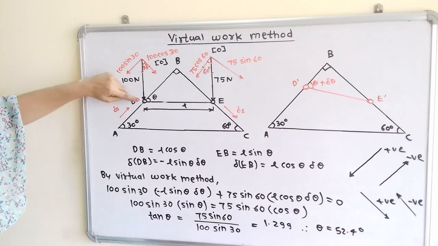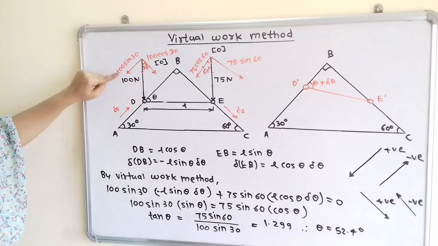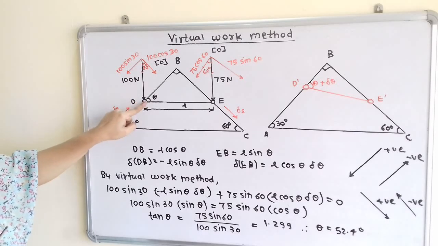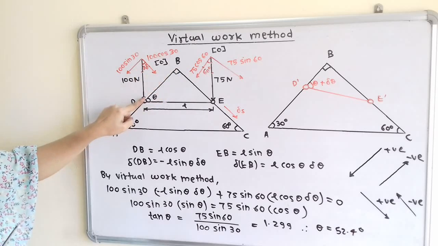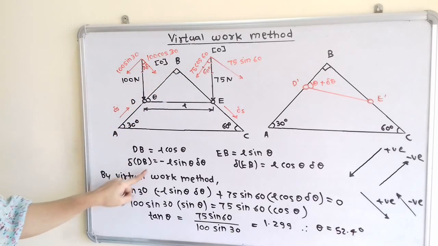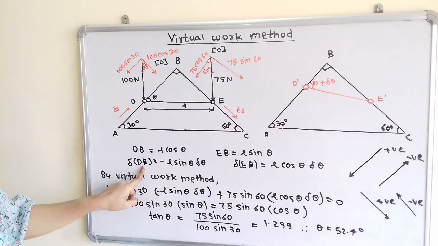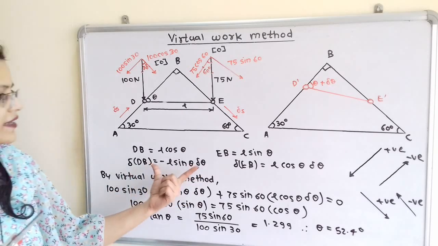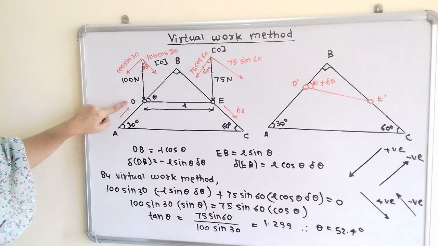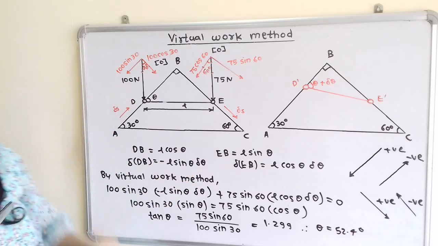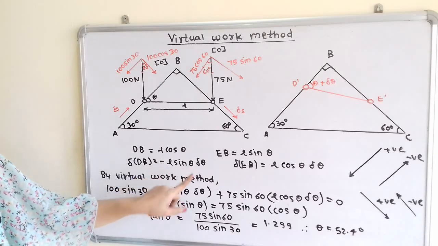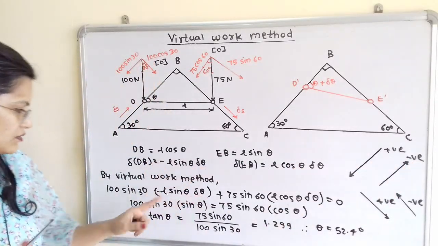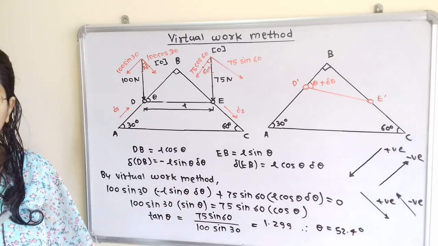So displacement for this ball at D, because this force is for the ball at D. So if we observe for this displacement at position D, we have calculated delta dB, which is equal to minus L sin theta delta theta. So the minus sign is already present because here delta S is in the upward direction. So we will take this term as it is, minus L sin theta delta theta.